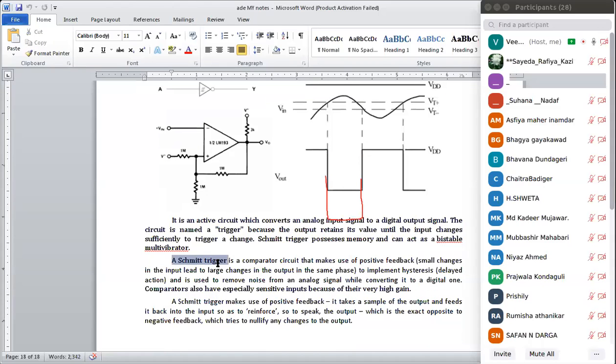Here we have written it is a comparator circuit that makes use of positive feedback to implement hysteresis, and is used to remove noise from the analog signal while converting it into a digital one. This is the application.